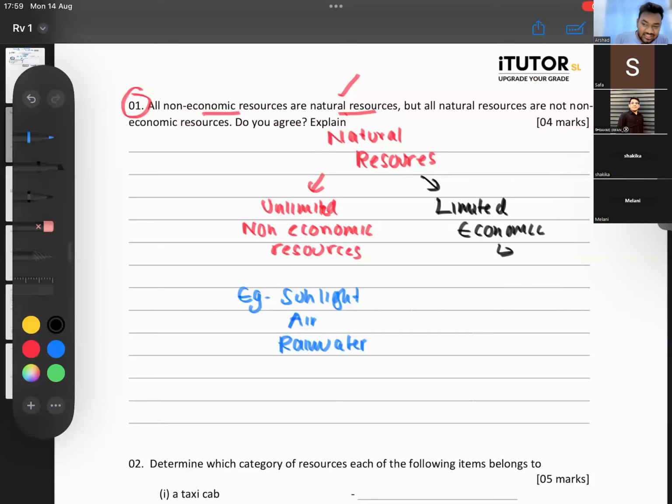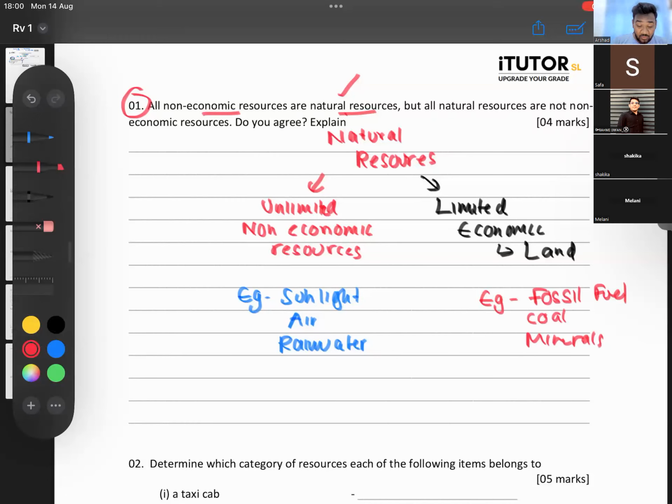Under economic resources, what is this called? Land. Land is all the natural resources used in the production process, but in limited amounts. Think of examples like fossil fuels, crude oil, coal, and minerals like silver and gold, which are limited.